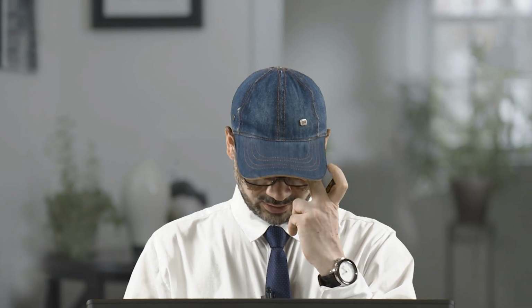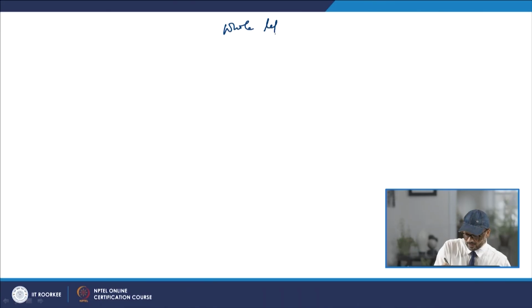So, coming to the whole life annuities, as we know that in whole life annuities the annuitant is going to be paid as long as he is living, and in that we have different types of these whole life annuities, and among them you have ordinary whole life annuities.